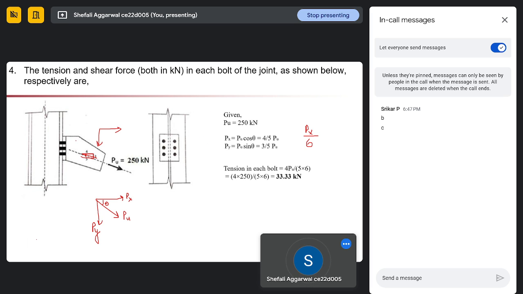So this Px will give us the tensile force. Now what is asked is to calculate the forces in each bolt. So we will divide it by the number of bolts. That will give us the tensile force, which is 33.53 kilonewtons. Same way, shear force in each bolt will be Py divided by 6. Is this question clear to everyone?